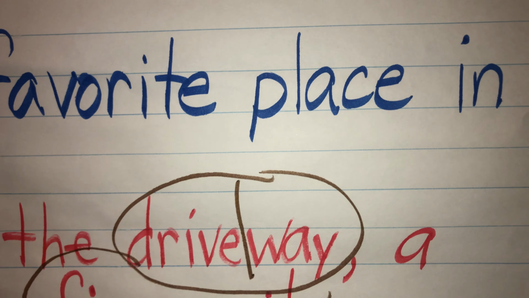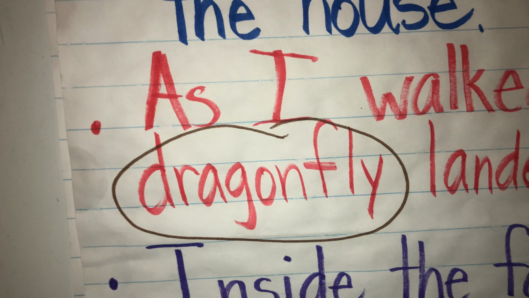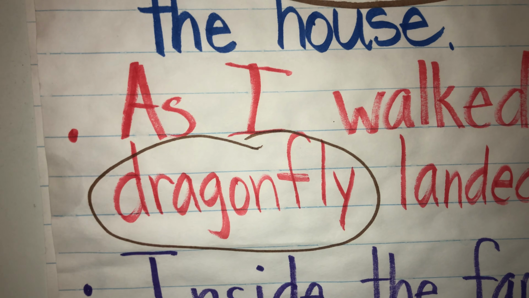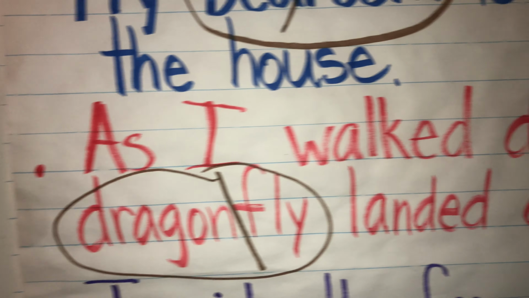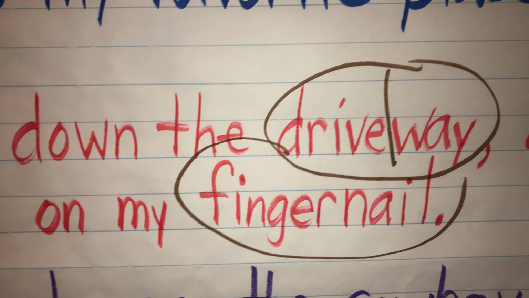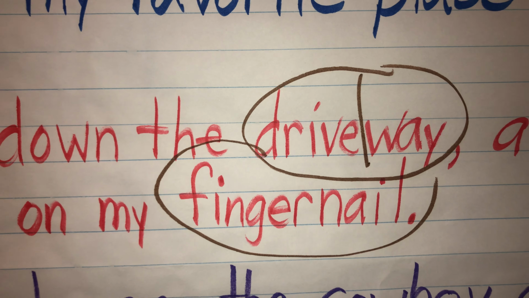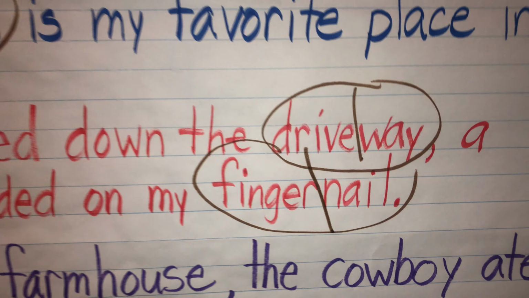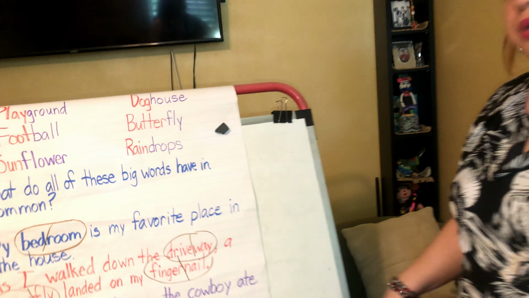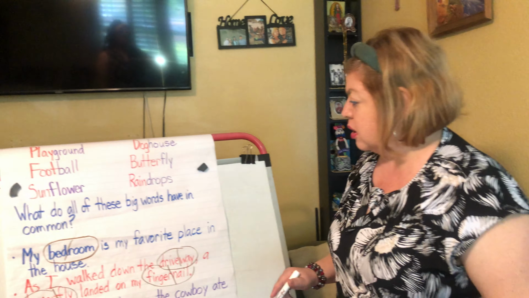Drive and way, you are correct. What about dragonfly? Which two words make up dragonfly? If you said dragon and fly, you are correct. What about fingernail? If you said finger and nail, you are also correct. So those are two words that are put together to make compound words.